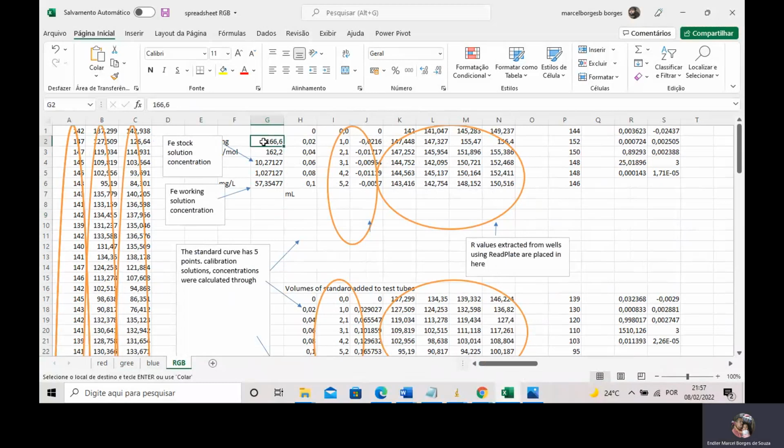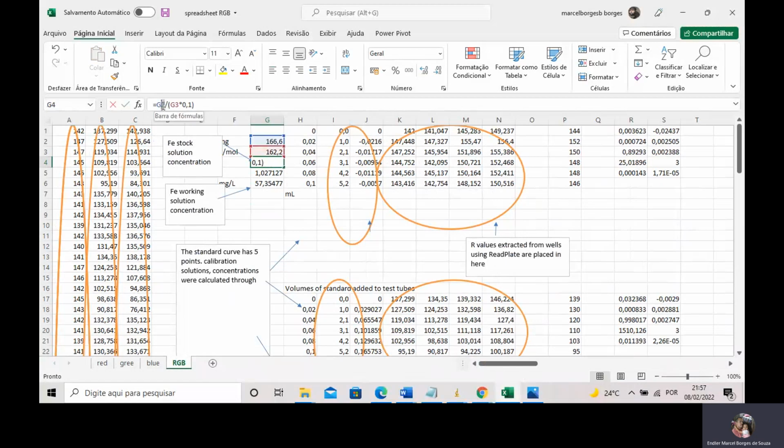Well, in here, I have the mass of my iron standard. In this case, it was iron trichloride. In here, I have the molecular weight of my iron standard. In here, I have the stock solution concentration.